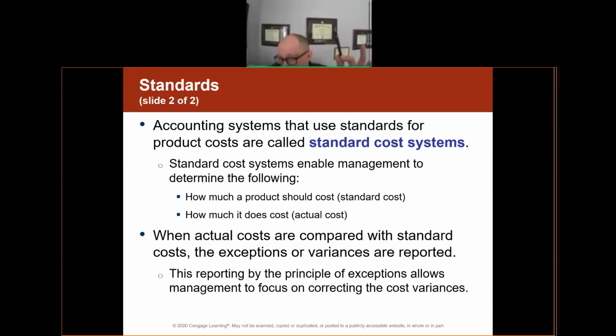That would be my actual cost, 7 cents. So if my actual cost is 7 cents for the material and my standard cost is 5 cents for the material, my variance, or my difference, is 2 cents, right? And so we look at that information as managers to tell us what the variance is, or the difference, right? So that's the idea behind it.